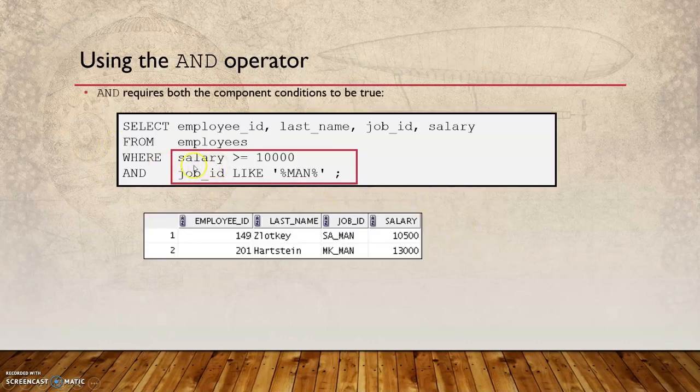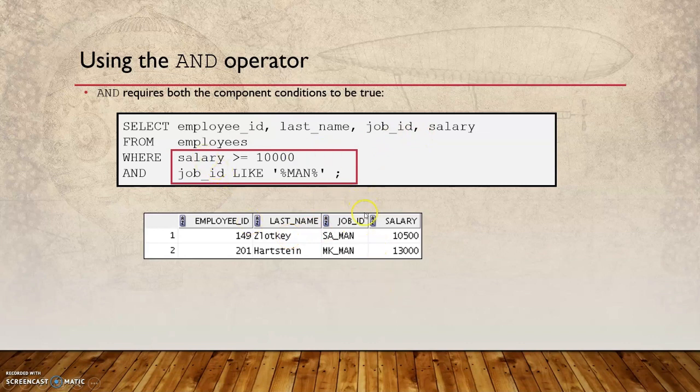So the AND operator: salary greater than 10,000 and job ID like MAN, so salesman or marketing man is the job ID, and salary needs to be greater than 10,000. Only if these two conditions are met is it going to retrieve the employee ID, last name, job ID, salary.